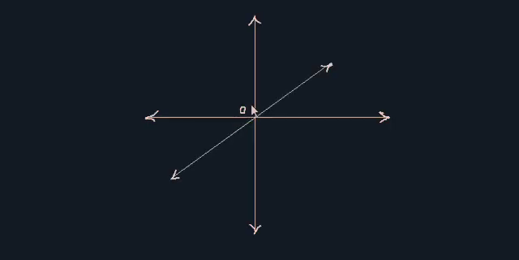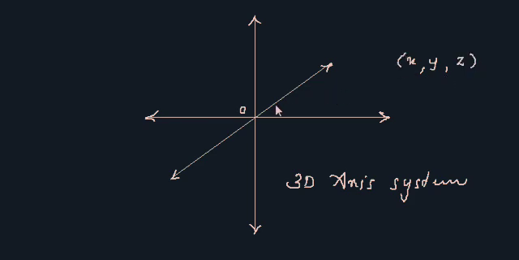Similarly, if you have three axes or three number lines which are perpendicular to each other, then that creates a three-dimensional axis system where you need x, y and z coordinates to define a point. So this is your x-axis, y-axis, and your z-axis.